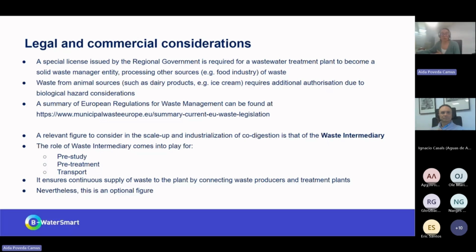This is where the role of the waste intermediary comes into play. They are in charge of connecting companies with organic waste and companies with co-digestion, making the implementation easier. They carry out the pre-study of the co-substrates, the pretreatment, and handle the transport. Nevertheless, this is an optional figure.